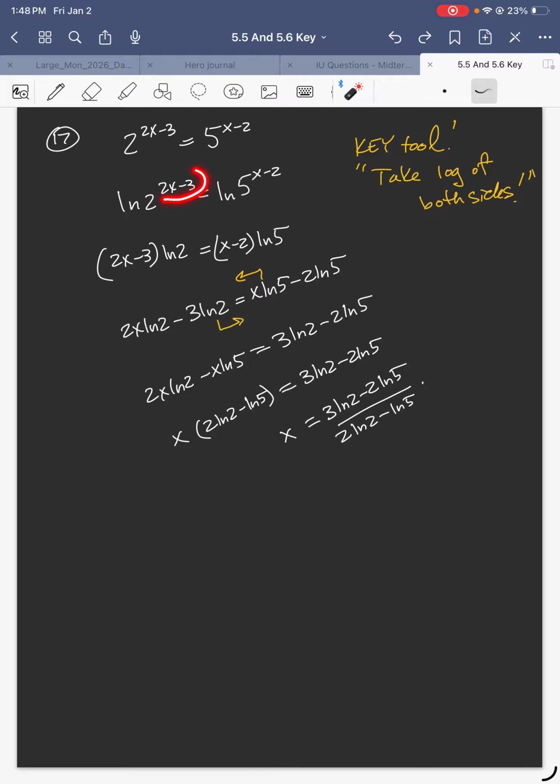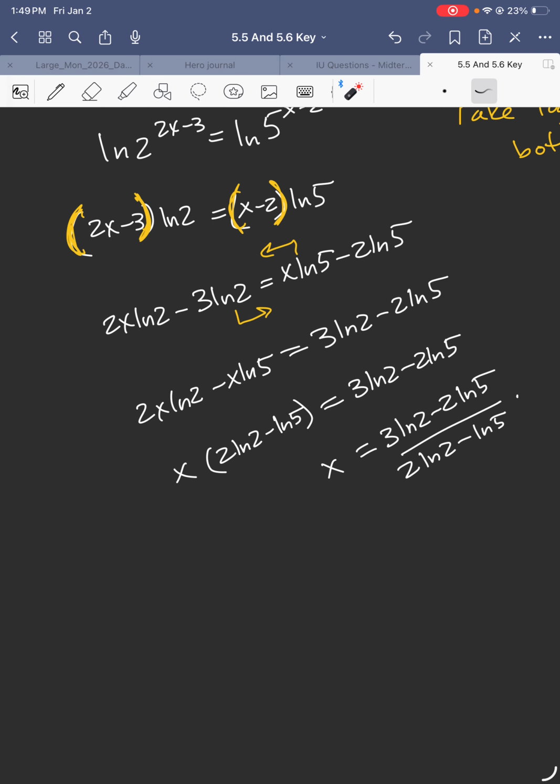When I do that, what does that allow me to do? It allows me to pull this down front and this down front. A very important thing here, you must have these big yellow parentheses right here. If you don't, you'll screw things up. Because then you distribute to get this, and you distribute to get this. Notice here, I'm thinking of natural log of 2 as just a number, which it is, and natural log of 5 is just a number. They're two positive numbers. So now I see that the thing I would like to solve for is x, and it's right here and right over here.